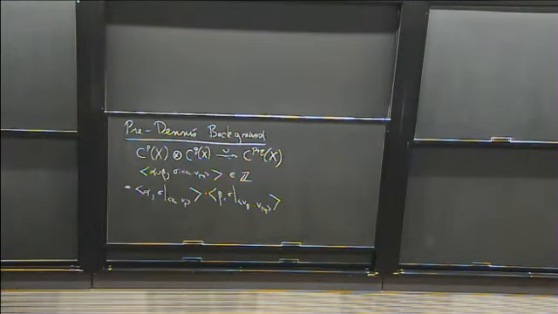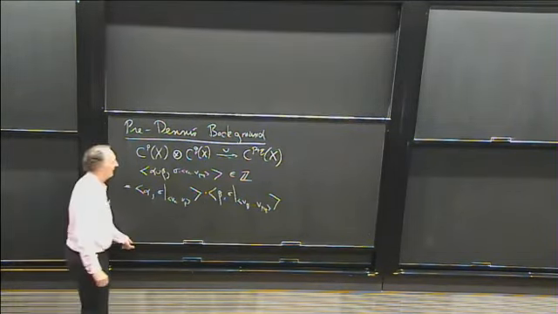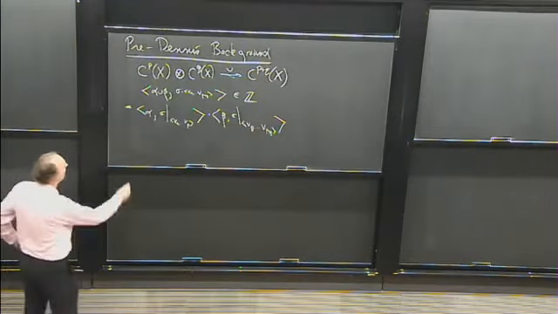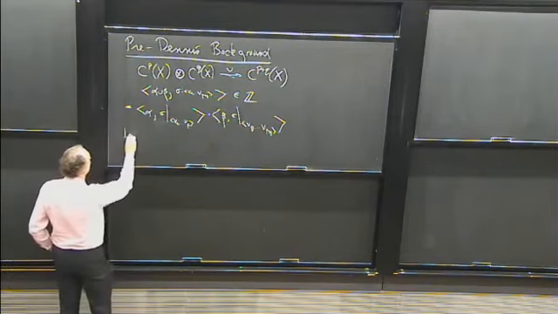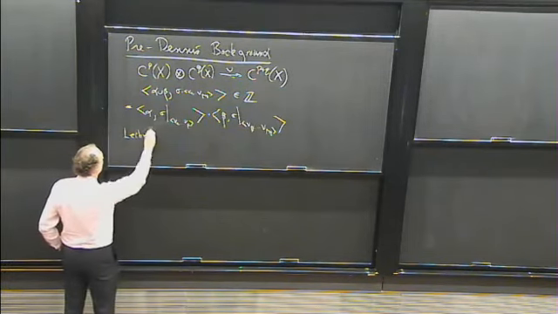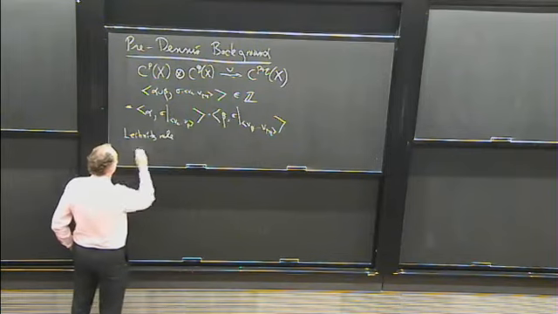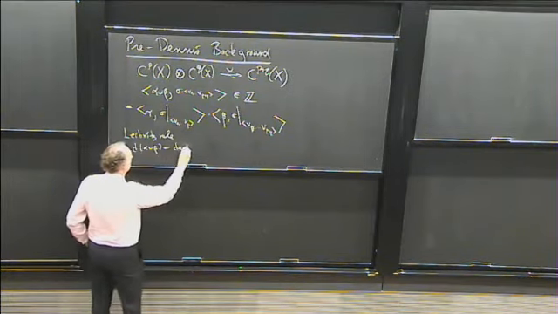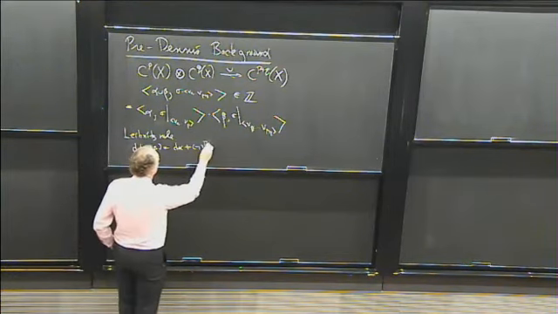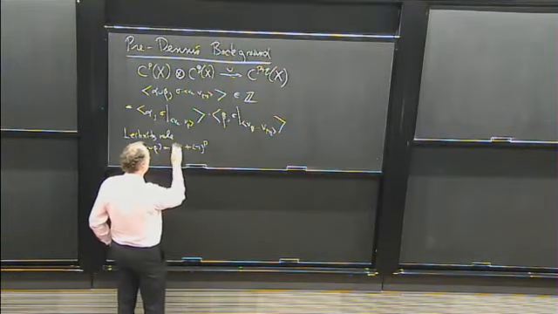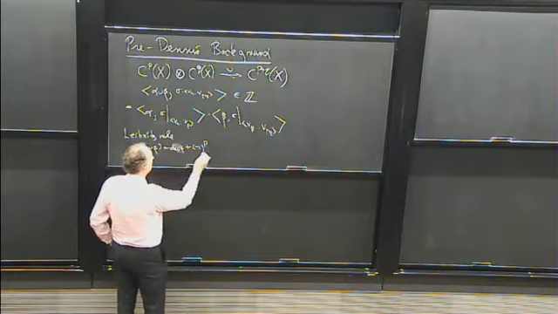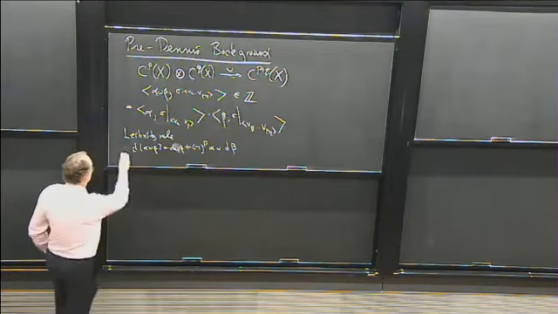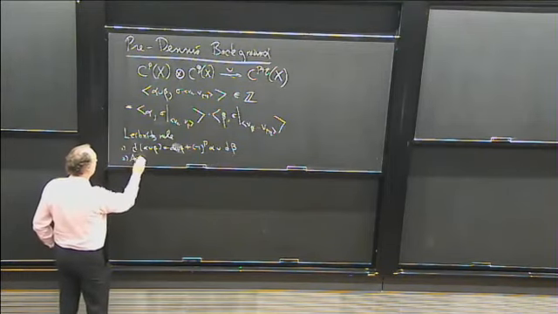It's easy to see that many of the algebraic properties that you want, you have. First of all, you have the Leibniz rule. It's completely straightforward. It's an associative multiplication.